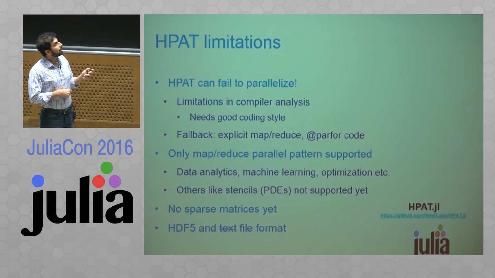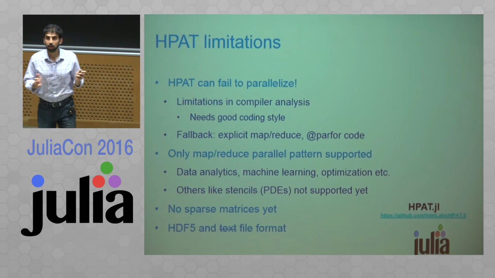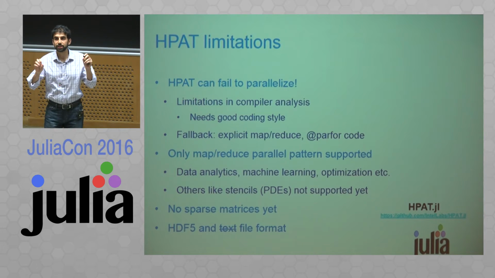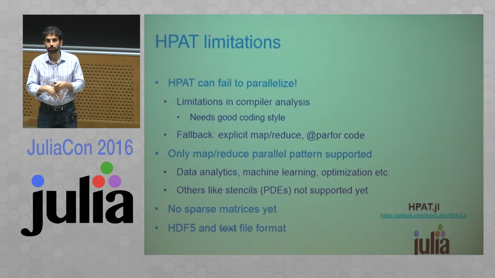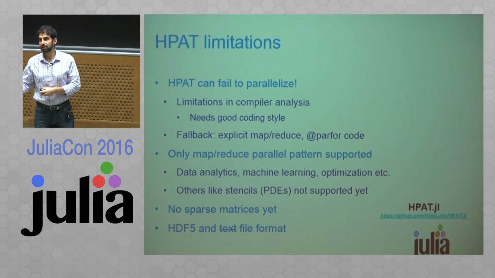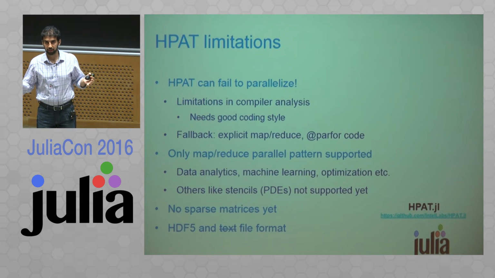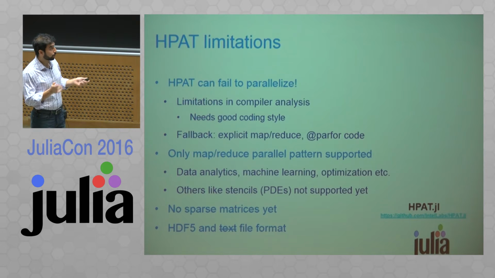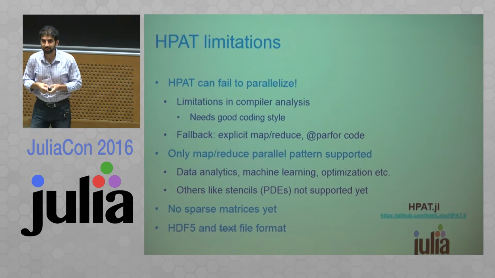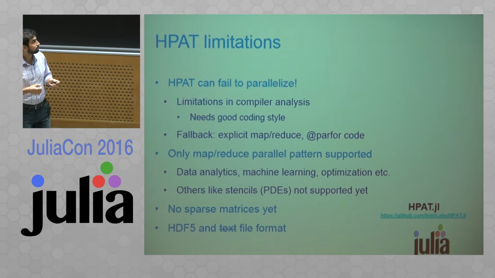The other limitation right now is that only map-reduce kind of parallelism works, anything that could be data parallel. For instance, if you are doing PDEs, a lot of the time it's better to have multidimensional parallelism, not one-dimensional parallelism. Unfortunately, we don't have sparse matrices yet, something on the to-do list, but hopefully we will get it working soon.